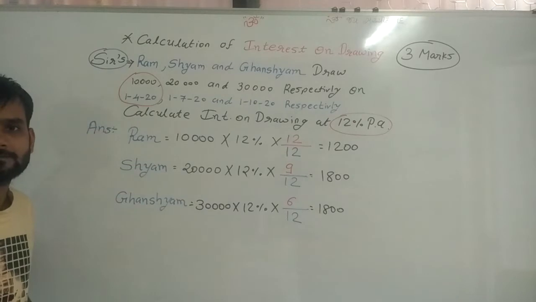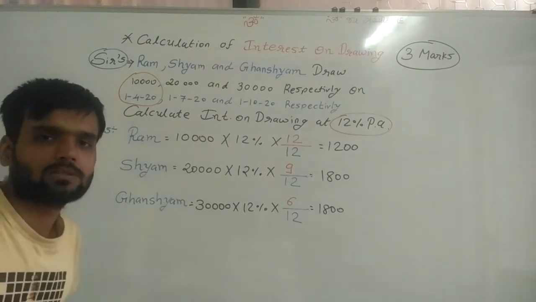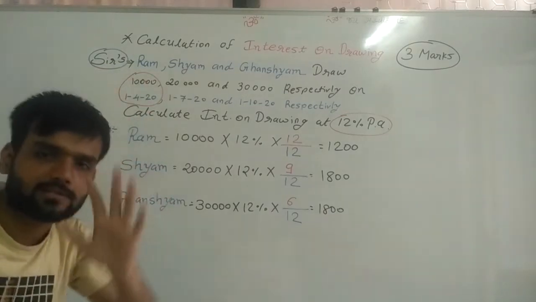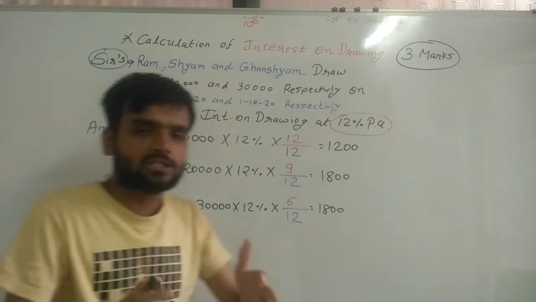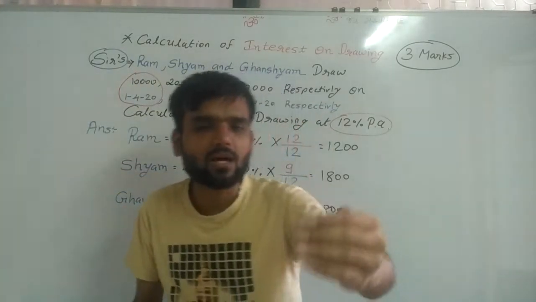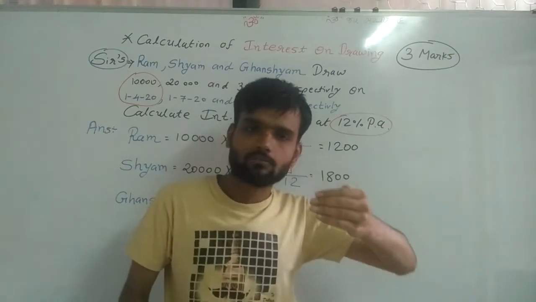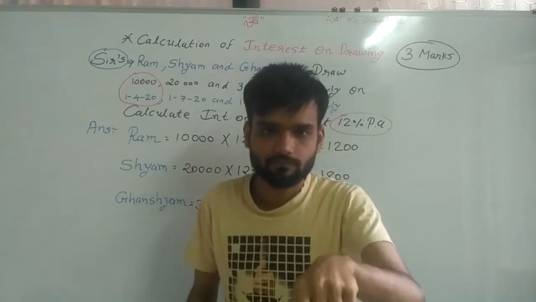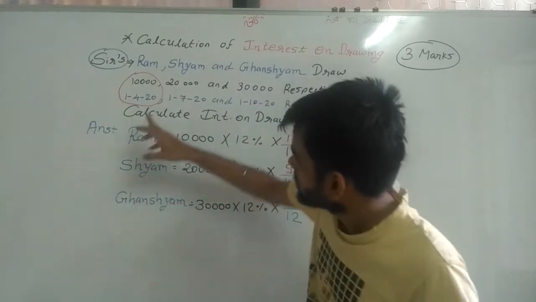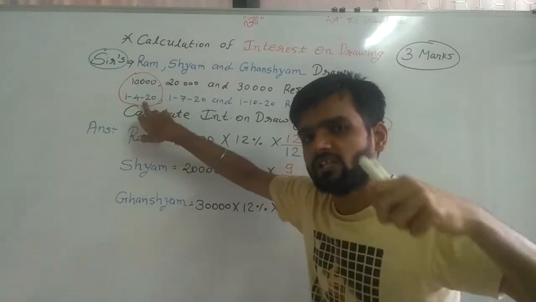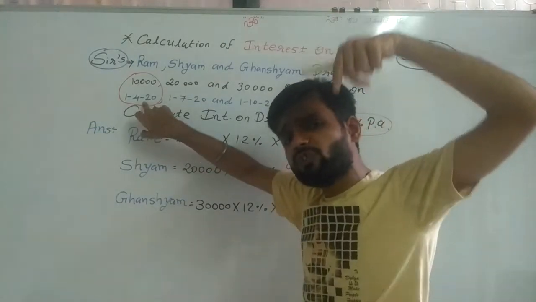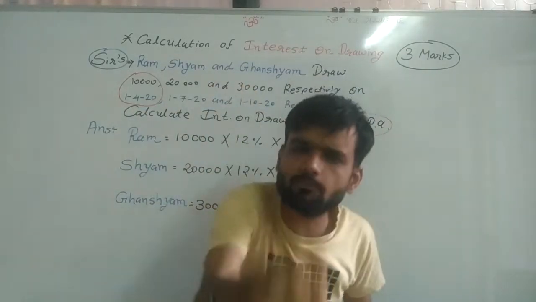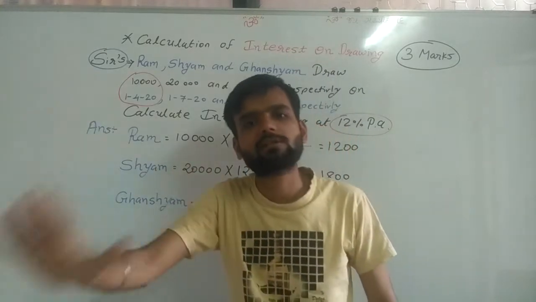Now for how many months he has to pay interest? In accountancy, we all know our accounting year always ends on 31st March. So from the date on which he has withdrawn money up to the end of the year, we first calculate the number of months, and for that number of months we have to calculate interest.